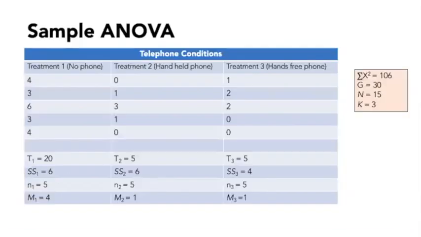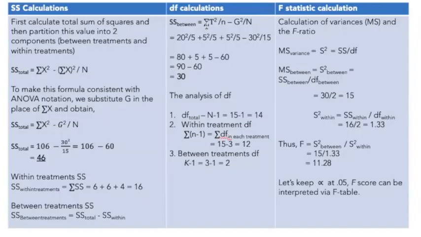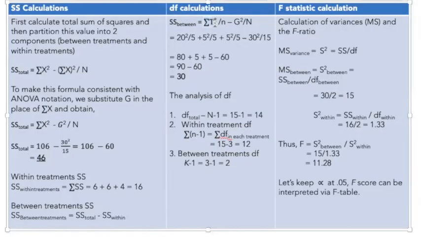Let's check T squared. We haven't come up with the T squared here, but let's come up with that. So here's the basic calculation: sigma T squared over n.